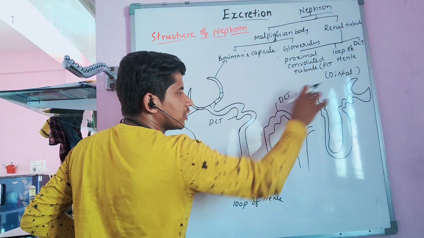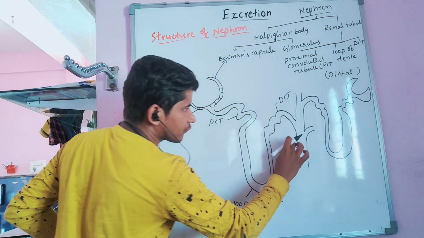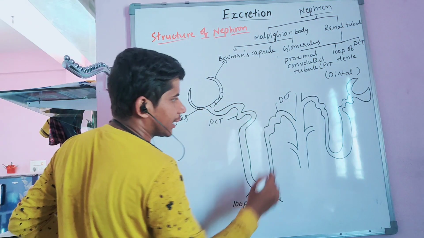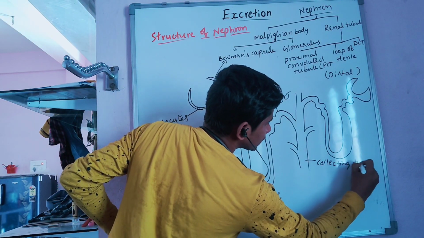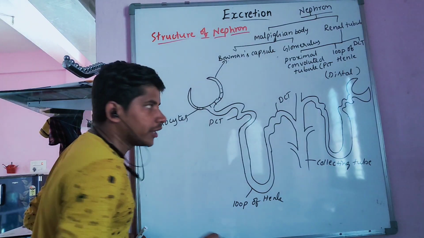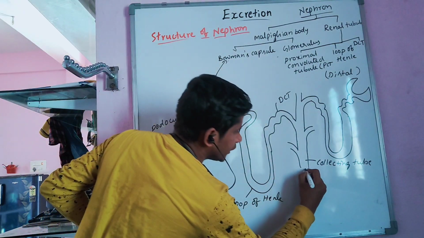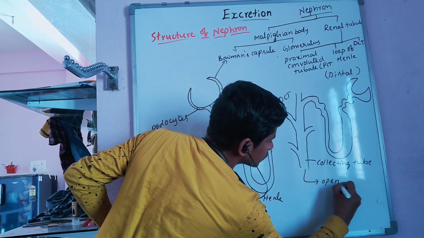That means all the DCTs are opening into the collecting tube. The collecting tube collects the urine from all the DCTs. Then it finally opens into the pelvis.